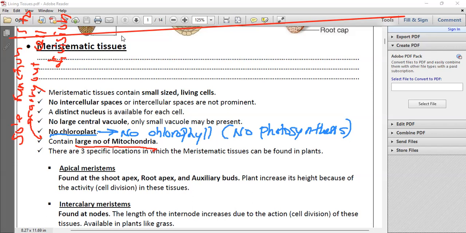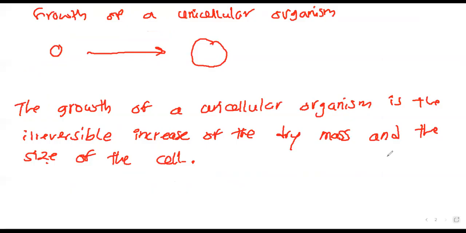Then I have a question for you. Now we know how plants grow. That is as a result of cell division in the cells of the meristematic tissues. So just imagine that you have a plant. You have the ground, and then you have a plant.